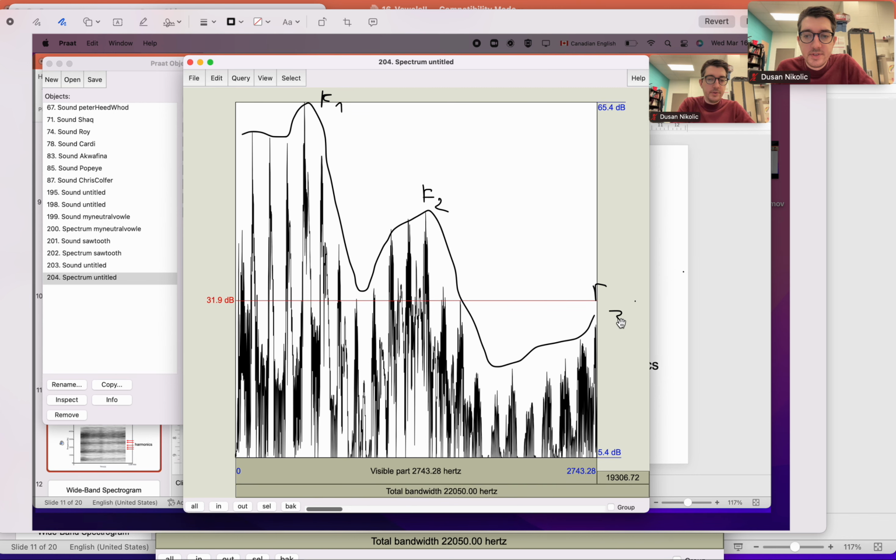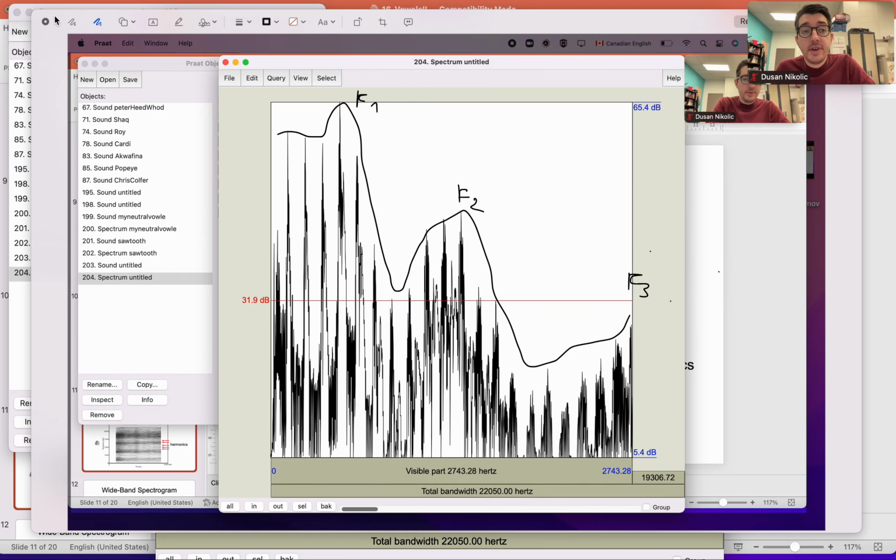Oops. Difficult to draw, sorry about that, but F3, right? Okay, and those are my harmonics of my neutral vowel, right?